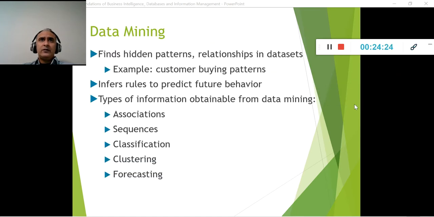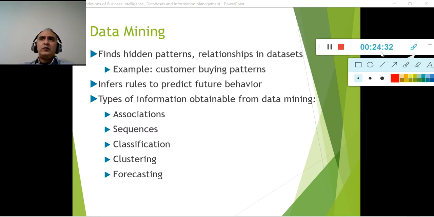Okay, very good. So precisely, that is data mining in a nutshell, right? We want to look into the different associations, sequences, classification, clusters, and forecasting.